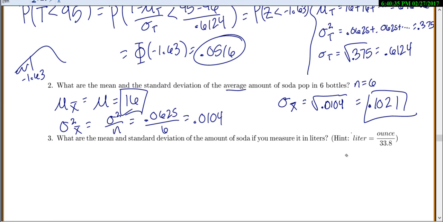So, one more practice. Now let's see what would happen. What's the mean and standard deviation of the amount of soda if we measure it in liters? Notice this one doesn't actually say for 6 bottles or averages or anything. So this is still just one bottle, but changed to liters.